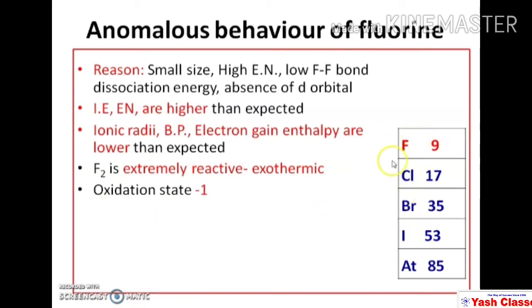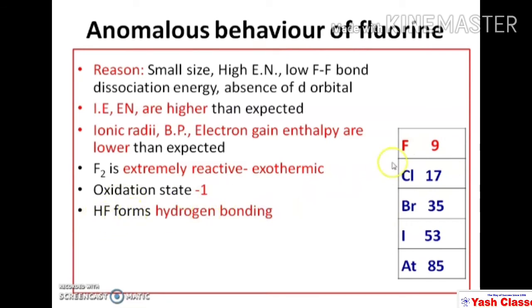Then oxidation state of fluorine is -1, whereas other elements show variable oxidation states. In addition to -1, other elements also show some positive oxidation states, but fluorine never shows positive oxidation state.